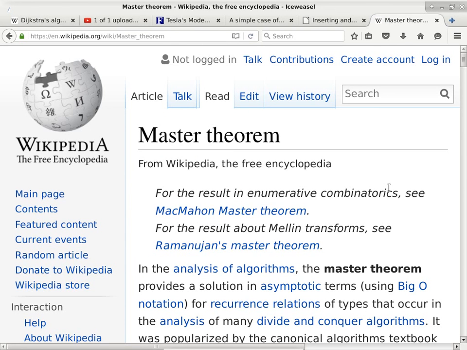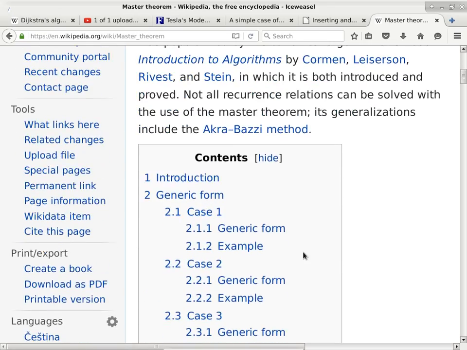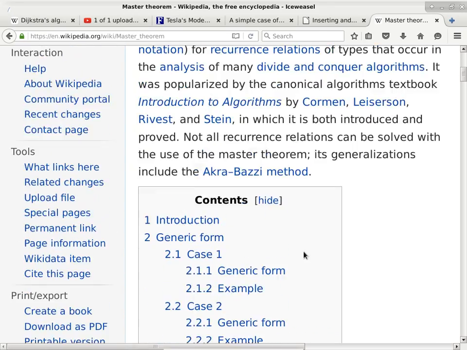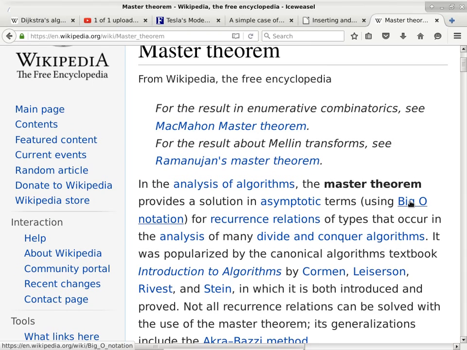But you can find it in Wikipedia, which means it has got to be important as well. The Master Theorem is basically a way to compute the big O notation of a particular recursive algorithm, based on very general patterns of the recursive algorithm itself. That's why it's useful.